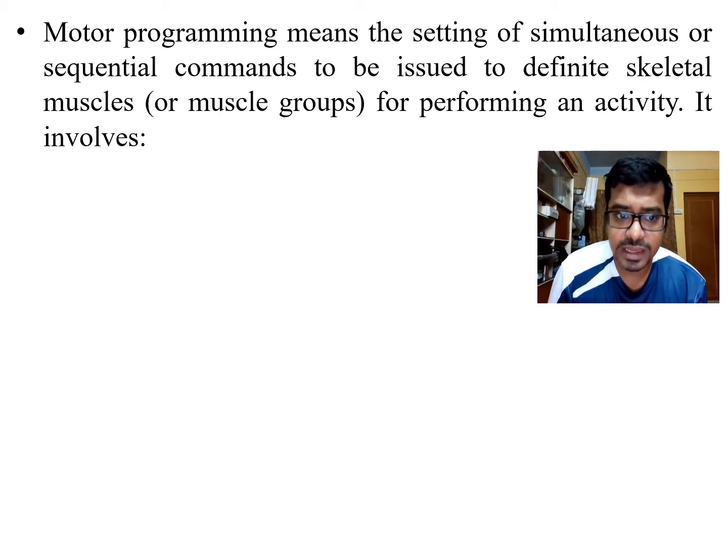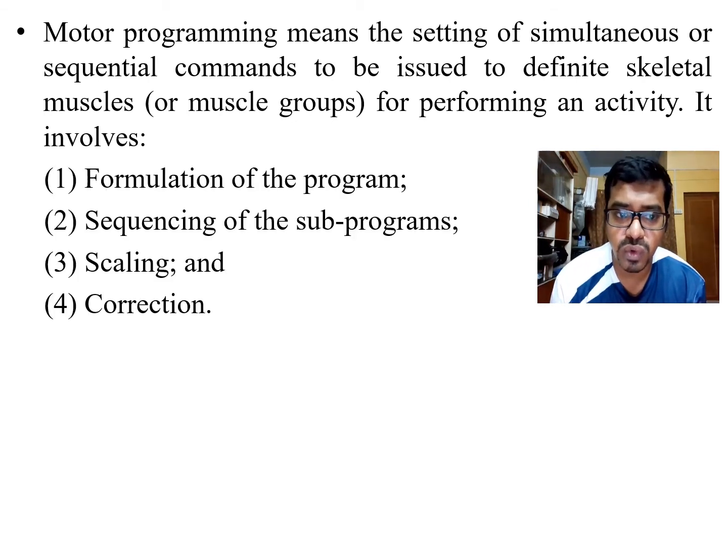Motor programming involves 4 steps. Firstly, after there is a plan, there has to be a program to execute the plan, that is formulation of the program. Then that program will have certain sub-programs, and there should be a sequencing of those sub-programs.